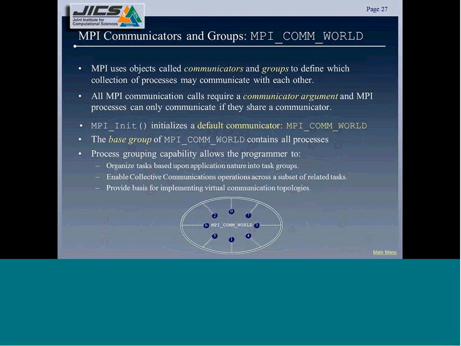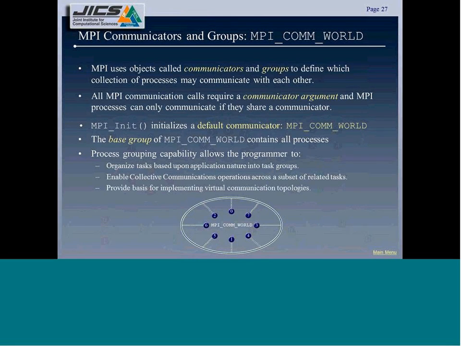MPI uses objects called communicators and groups to define which collection of processes may communicate with each other. MPI communication calls require a communicator argument, as we will always see. It's always the last argument.